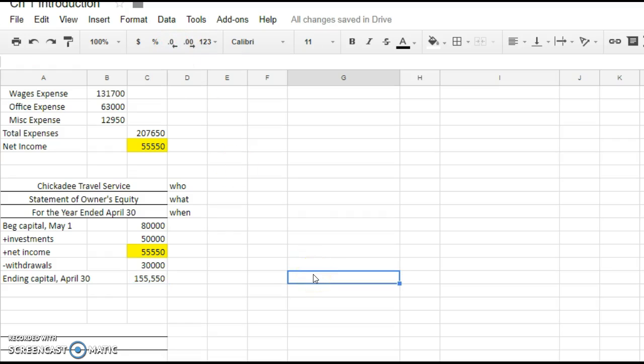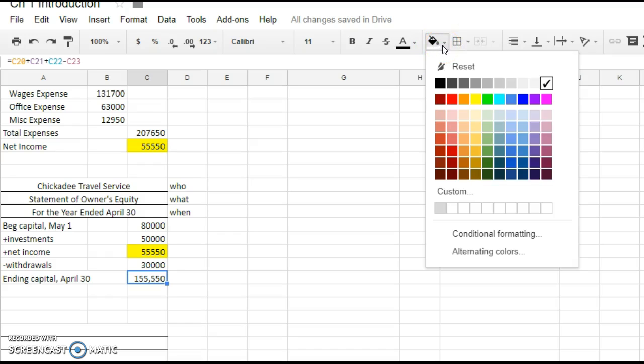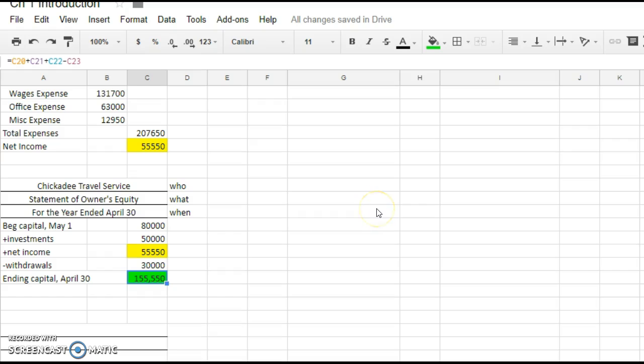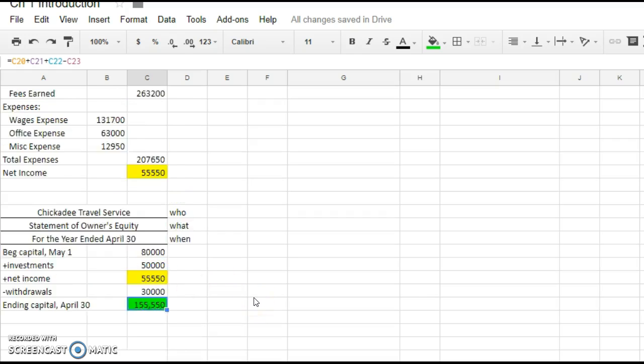All right. From here, we're going to use this number to calculate our balance sheet numbers. I had to do all that work, calculate ending capital, so I can use this number on our balance sheet.